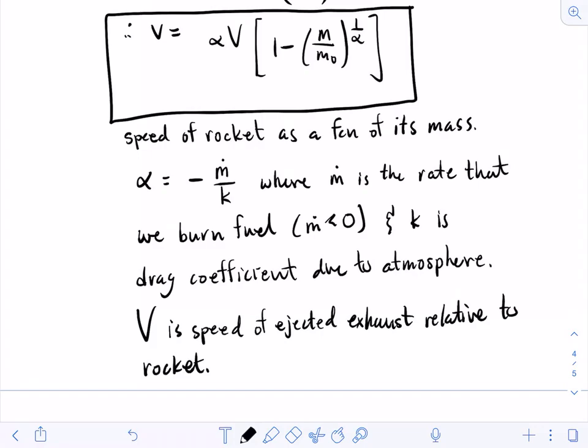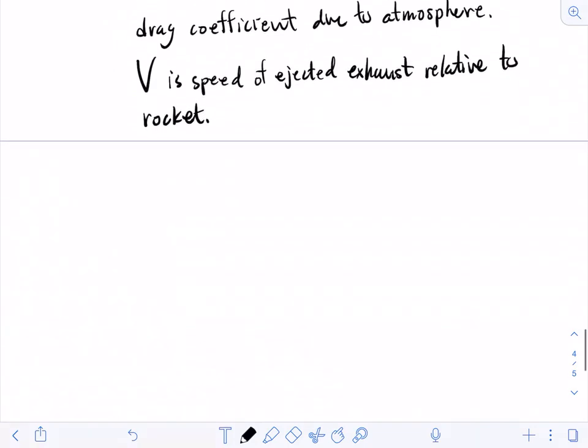We'll first try the type of analysis we just did for the drag force, but include the gravitational force as well. And what we'll find is that it's going to lead to some difficulties. So let's start that way.